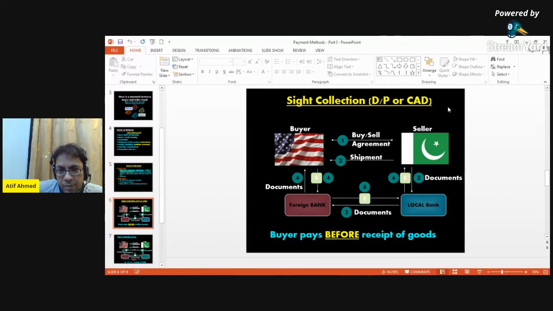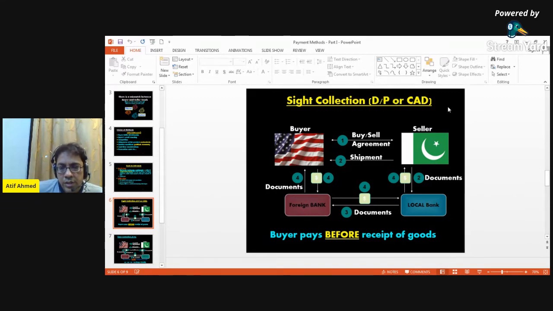Then the local bank transfers these documents to the foreign bank. The foreign bank is basically the buyer's bank, and after getting the goods, it gets the retirement letter from the buyer, and immediately after receiving the retirement letter, the foreign bank debits the account of the buyer and delivers the original documents to the buyer.